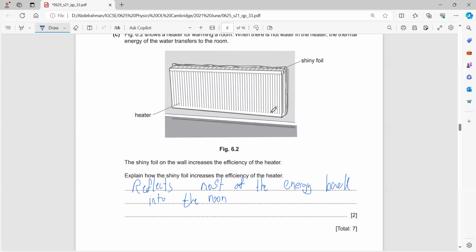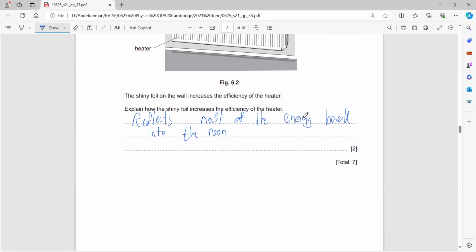Because a lot of the heat would be absorbed by the wall. So whenever I put this shiny foil on the wall, it will reflect most of the heat that should have been absorbed by the wall back into the room, so that the room will heat up quite easily.